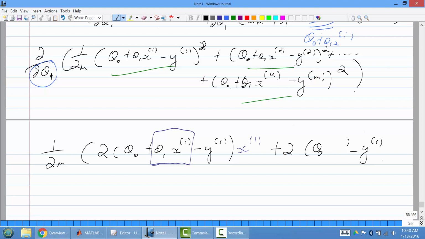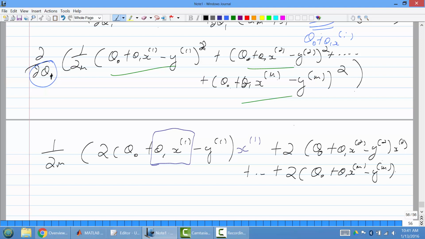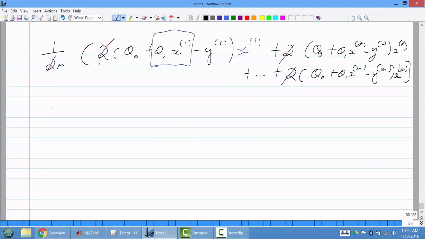Sorry, I messed up, this is plus. So this is 2, and this is x2, and then all the way down. Again, all these 2's cancel, and then you're finally left with the following update.